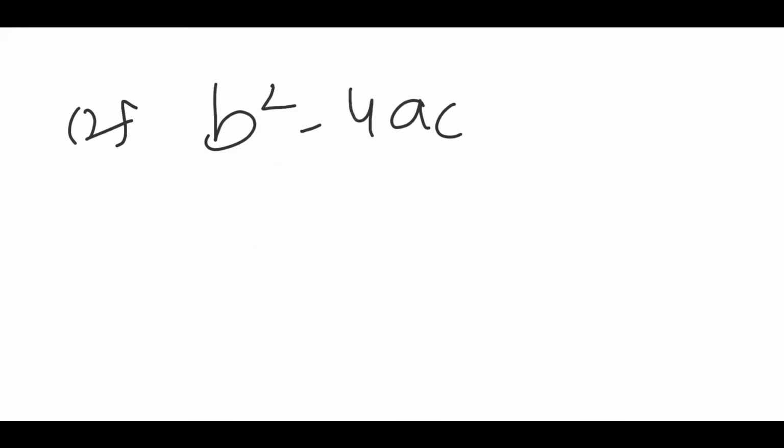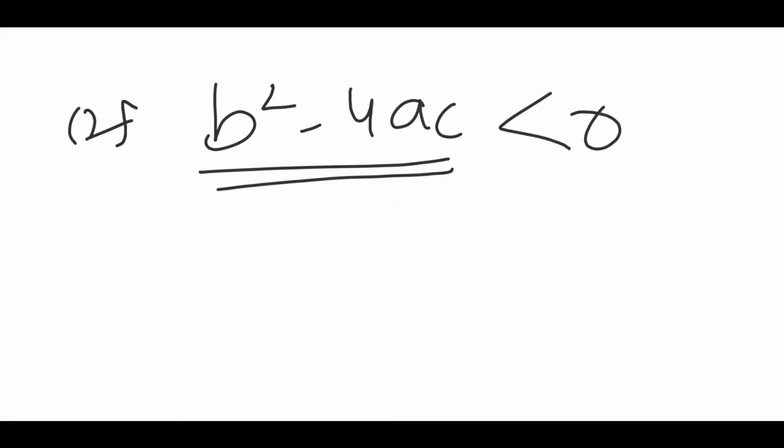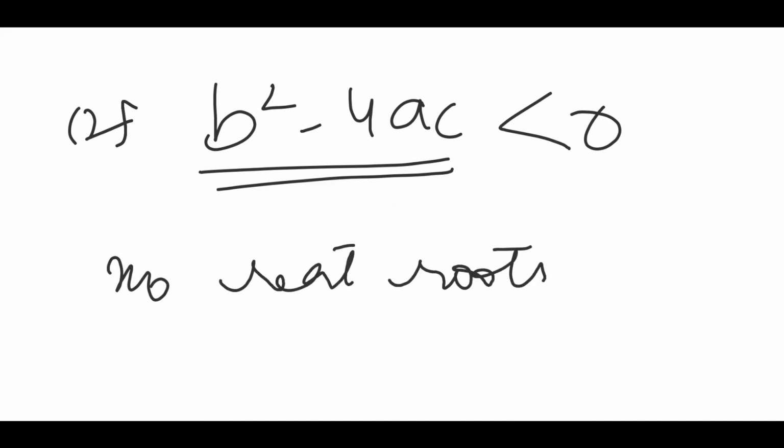Now, if the same discriminant is less than 0, this gives a value less than 0, so we've got no real roots. And no real roots in math means that we've got roots that are in terms of iota. So that's complex numbers, and we don't really consider them as real numbers.